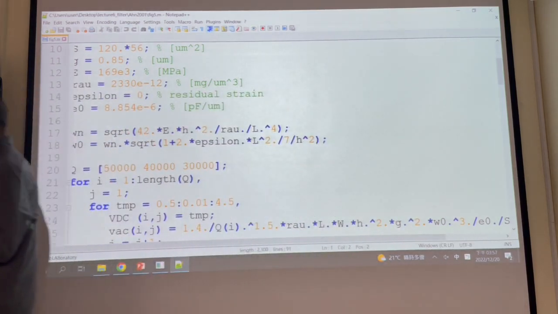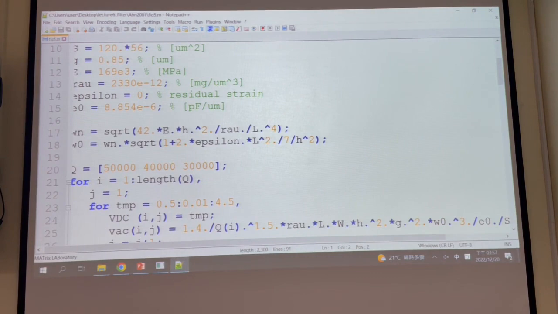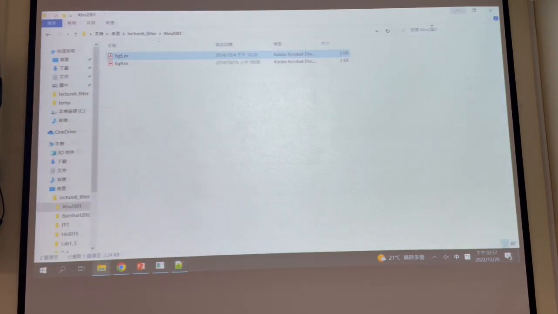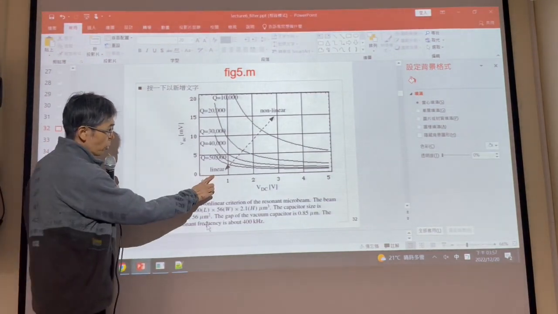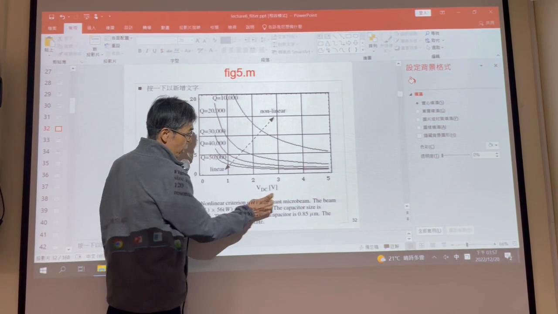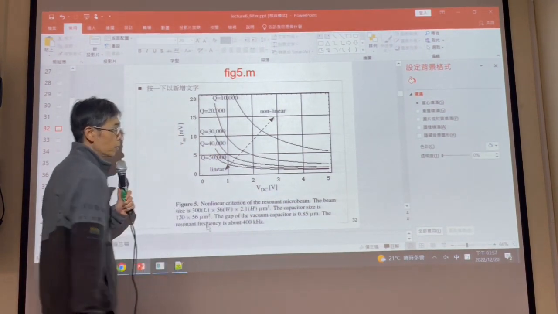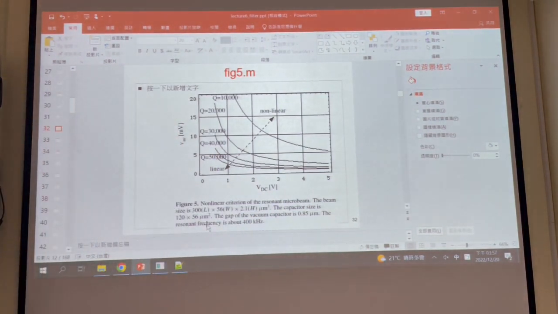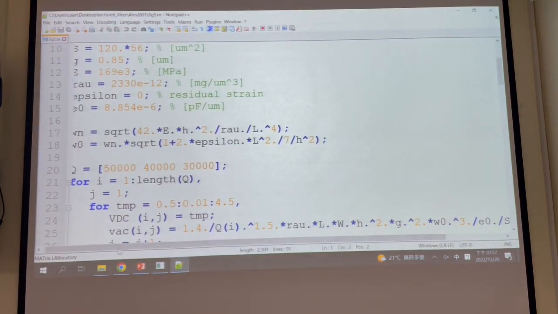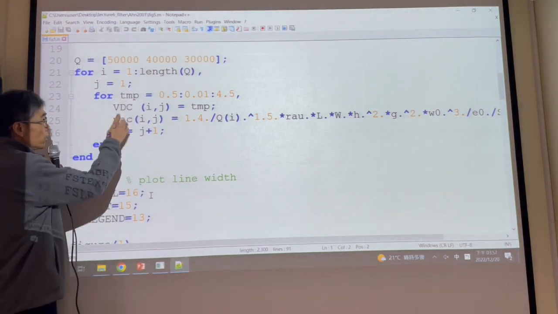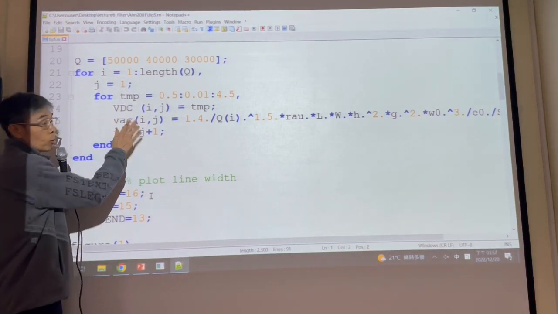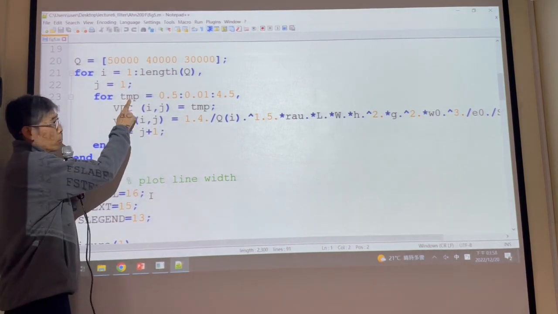If you look at this figure, from 0.5 to 4.5, we take this VDC. So TMP means VDC, but we want to plot VDC, so we use this temporary parameter.